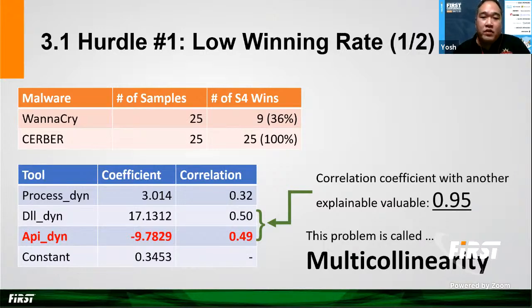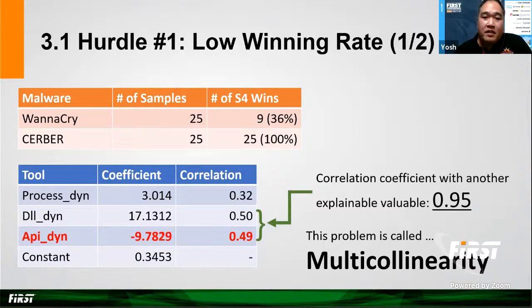We will look at the output data to find the causes. The red text on the screen shows that the coefficient of 1/2 is a negative number. This means that the higher the score, the more different the family.